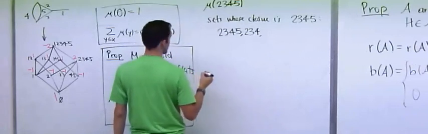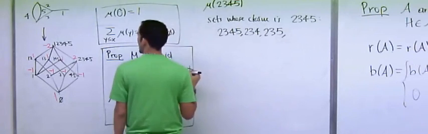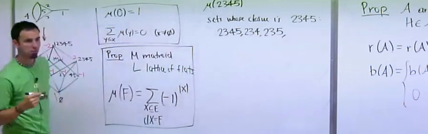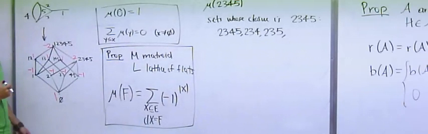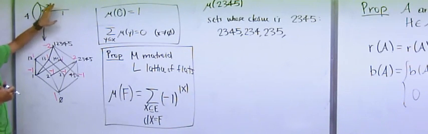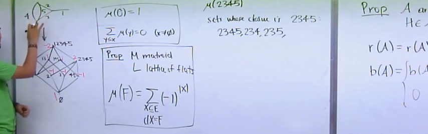5 is in the closure of that. By the same reason, 2, 3, 5 would also work. Anything else whose closure is 2, 3, 4, 5? I guess 2, 4, 5. Not 4, 5, right?